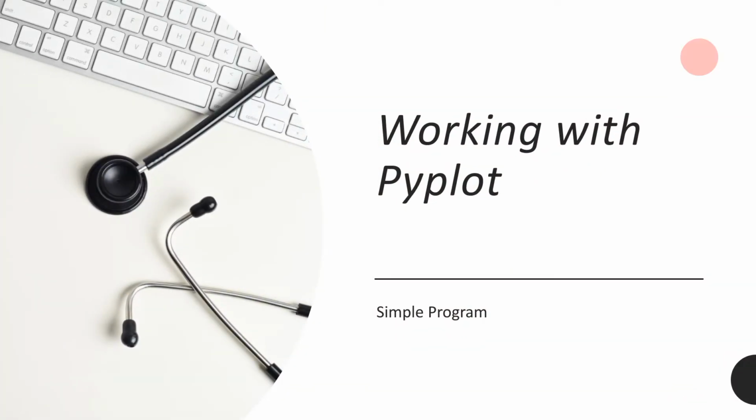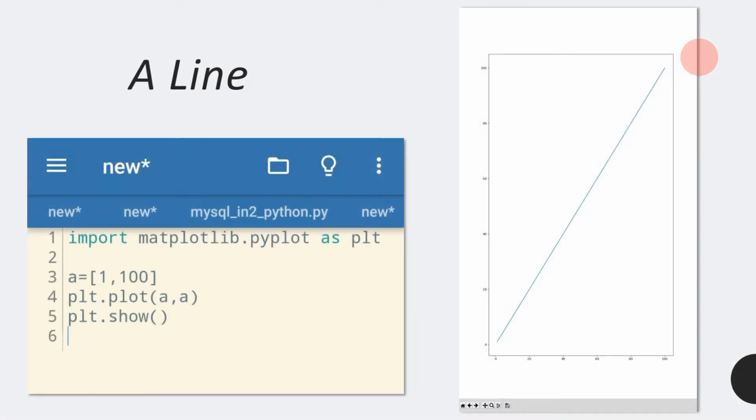Now let's make a simple program to make it clear how code works. We will talk more in the second part of the video, but let's make a line. We have done the importing, and this is how the output looks. Let's go into the details.